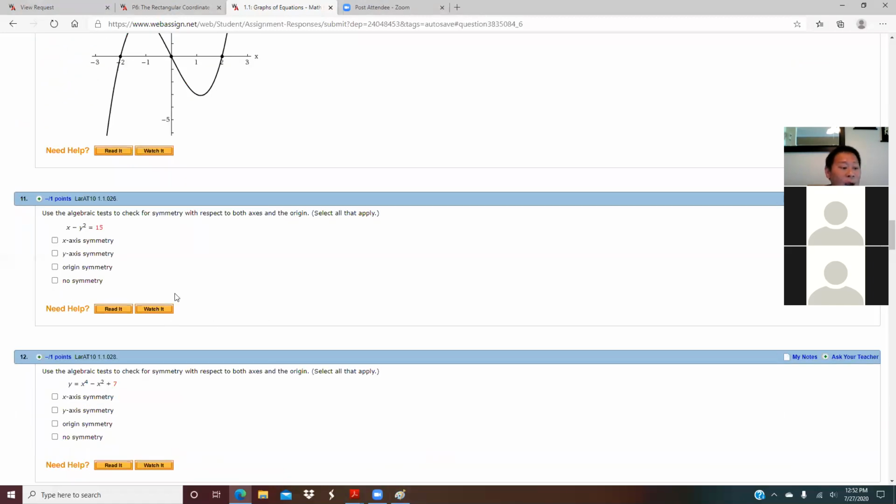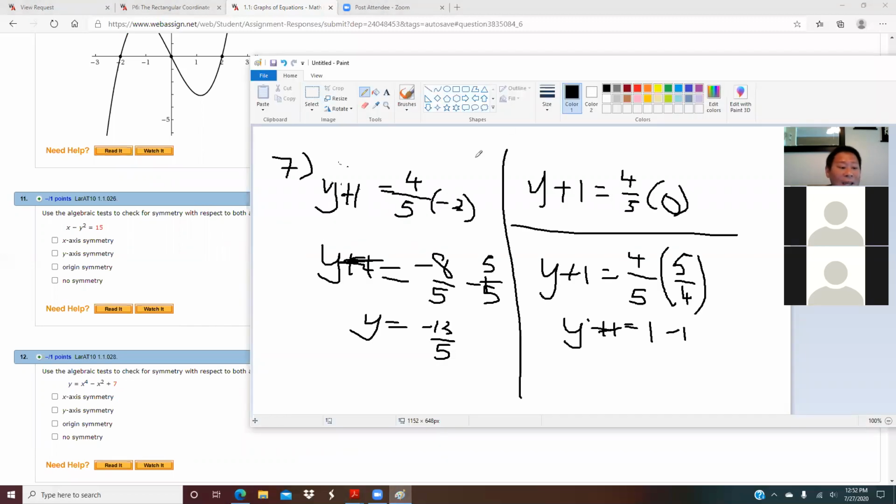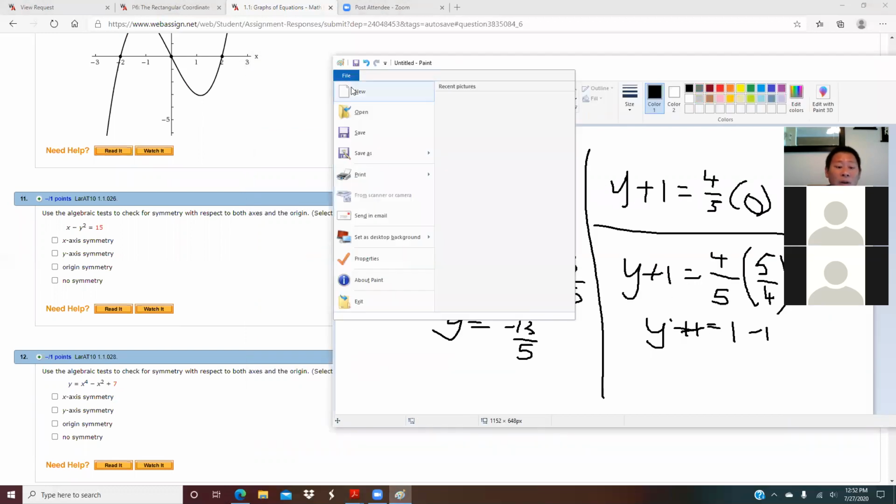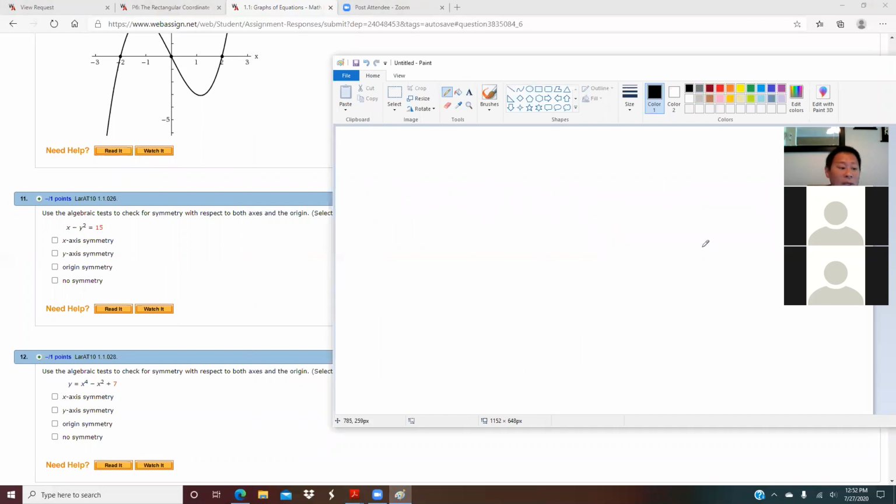This is getting tough. They give you this equation. You have to figure out, are they symmetric with respect to the x-axis, y-axis, origin, or neither. So how do we do this is you put your equation down here.